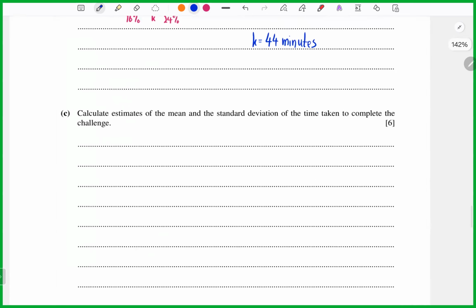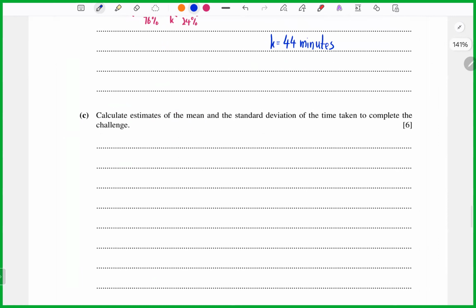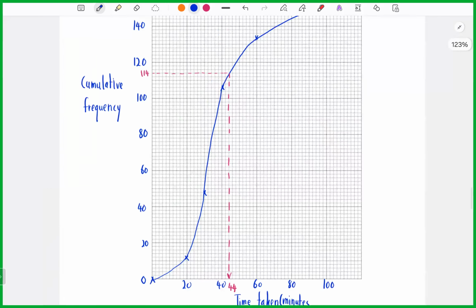Let's look at C. Calculate an estimate of the mean and the standard deviation of the time taken to complete the challenge. Now you need to find the frequency and midpoint. So how to find it?